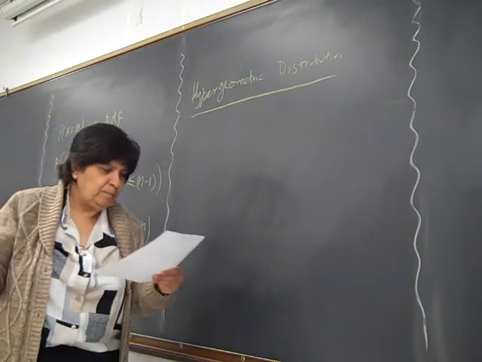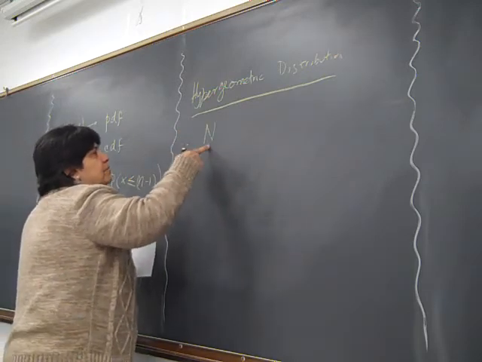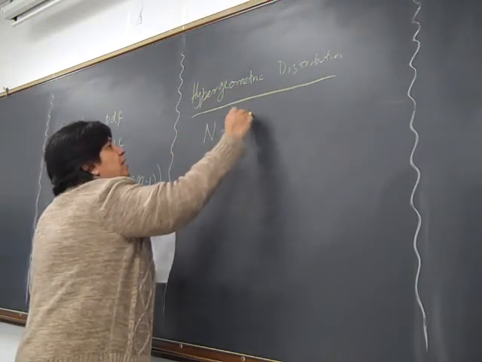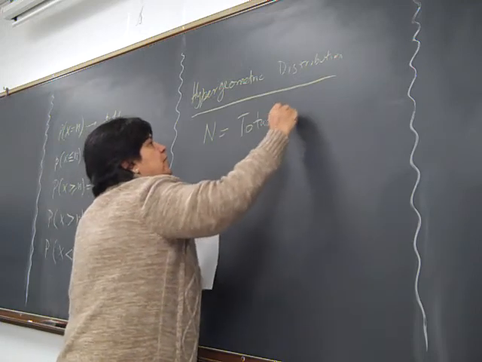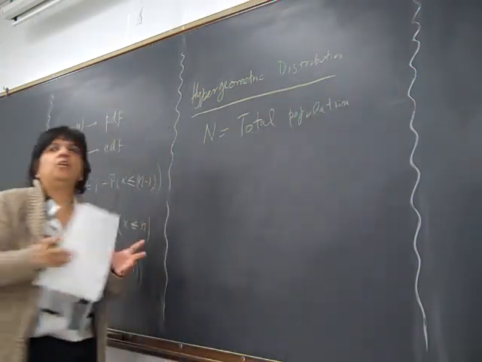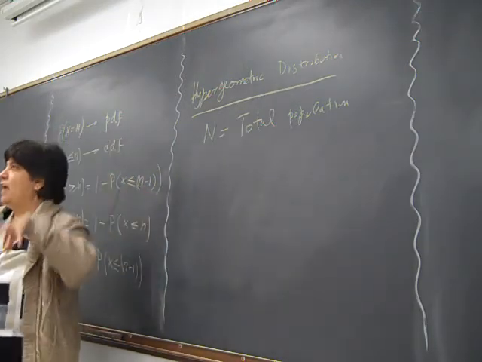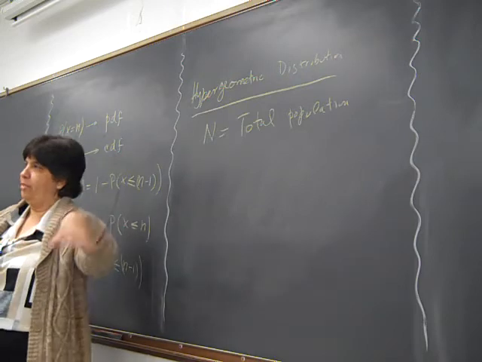And we have N, capital N, that is the total population. And the total population includes the success and the failure elements, both.